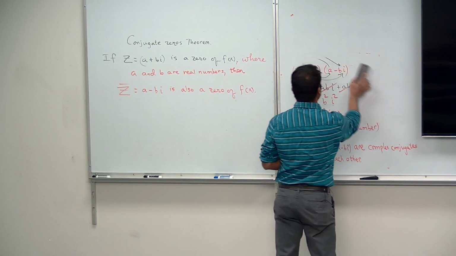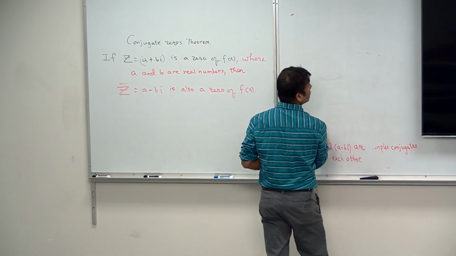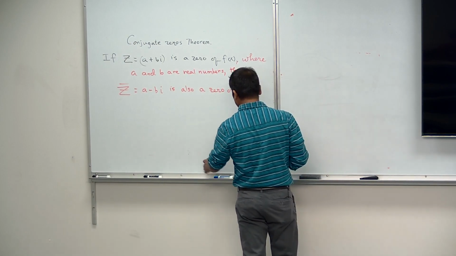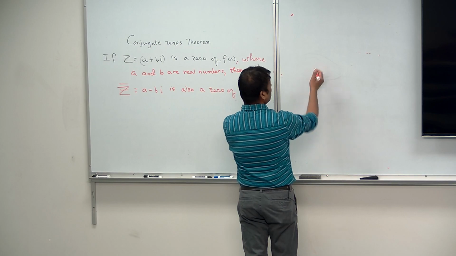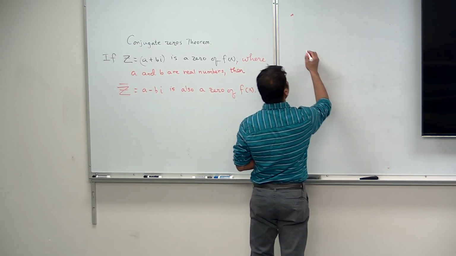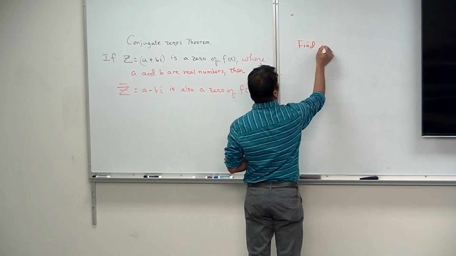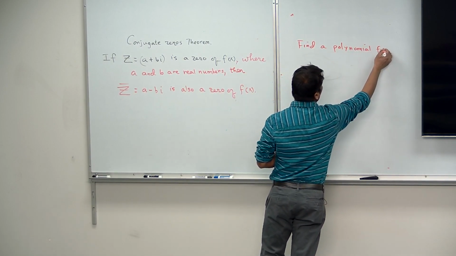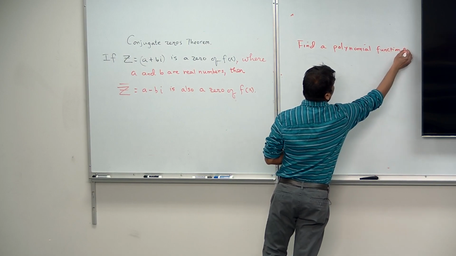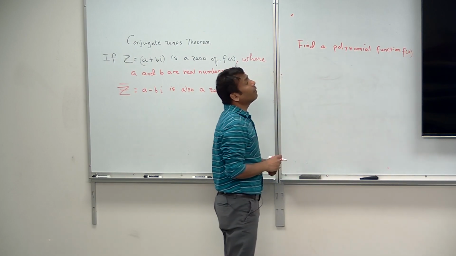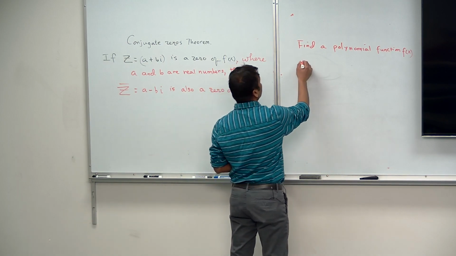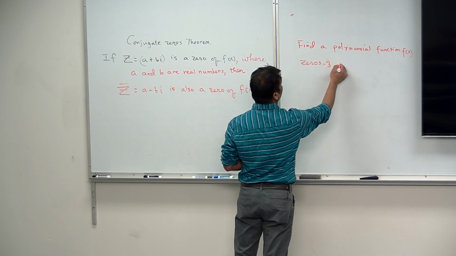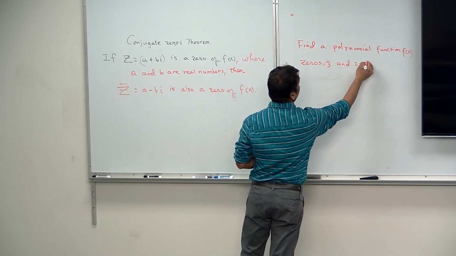So what are the zeros? 3 and 2 plus i, right?